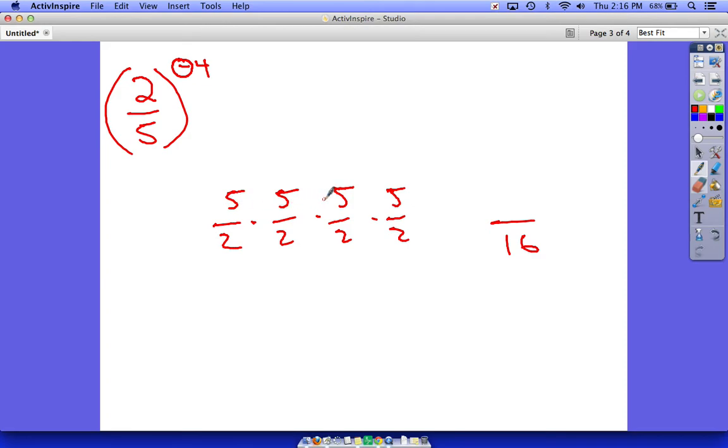And then that would be 25 times 25, which I believe would be 625. I think that's right. So this would be your final answer. Now, you may want to change this to a mixed number by finding out how many times 16 goes into 625. But for now, we're just going to leave it like this.